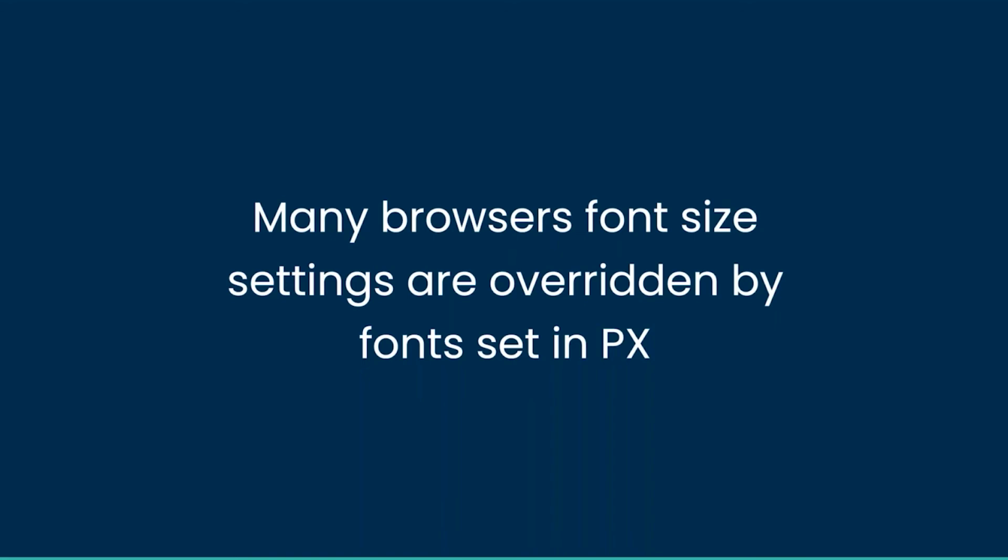So they'll think they're making it bigger, but it actually won't get any bigger. And the WCAG guidelines state that text should be able to be increased up to 200% without breaking anything. So be careful with pixel values for text.